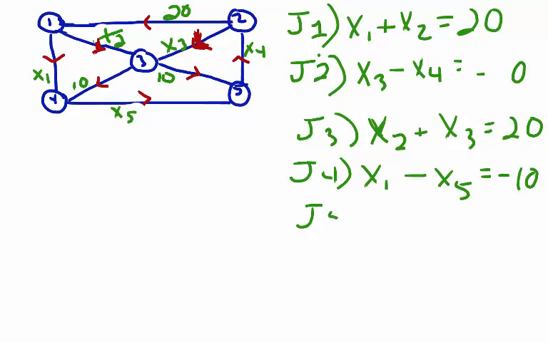Finally, for junction 5, we have negative x4, since x4 is flowing out of junction 5, plus x5, which is flowing into junction 5, equals negative 10, since 10 is flowing into junction 5.